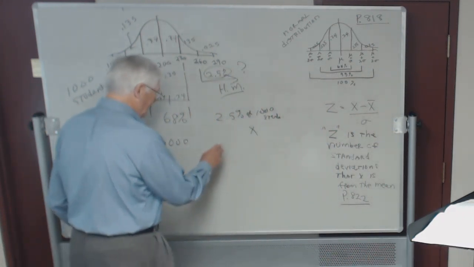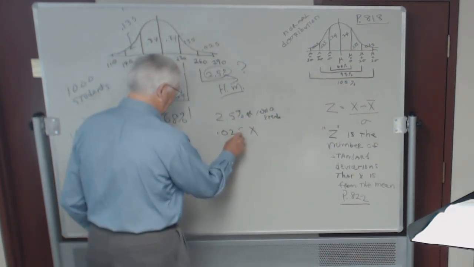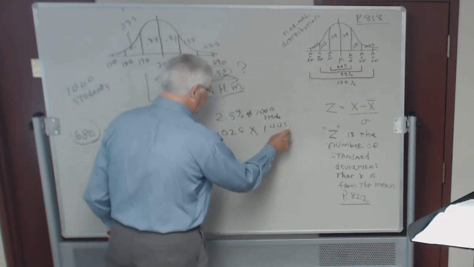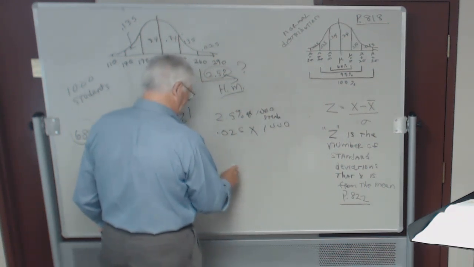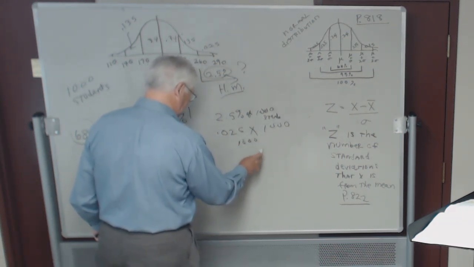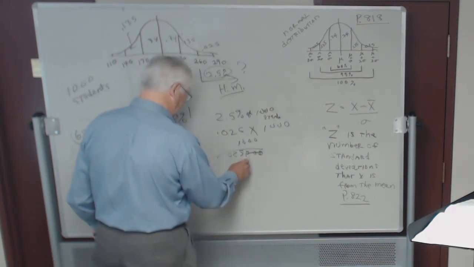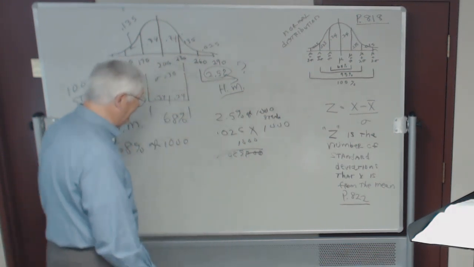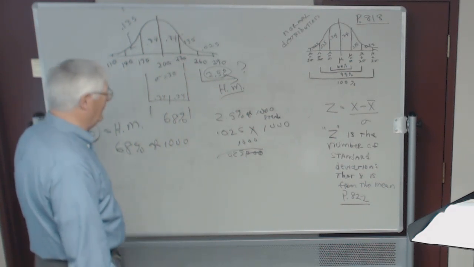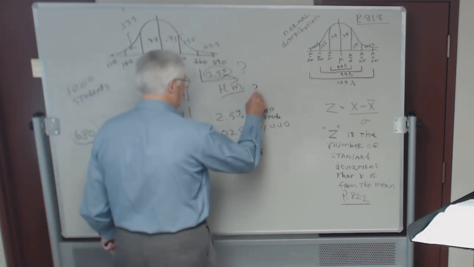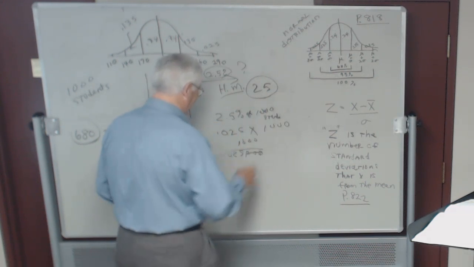So I take 0.025 times 1,000, and I get, and then 3 decimal places. 25. Whoa. How many? 25.